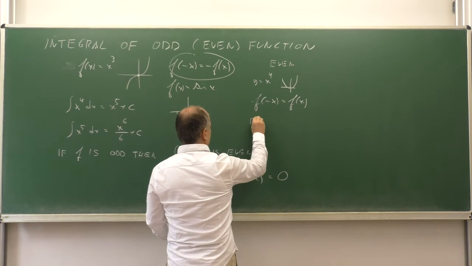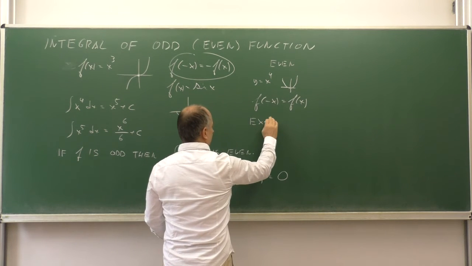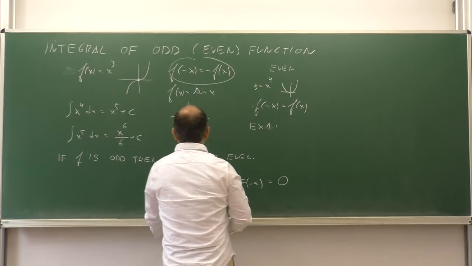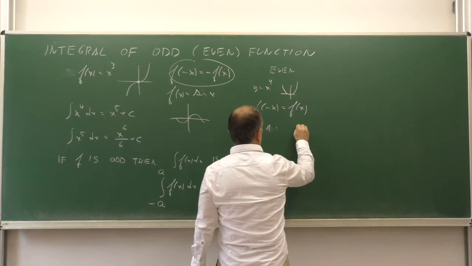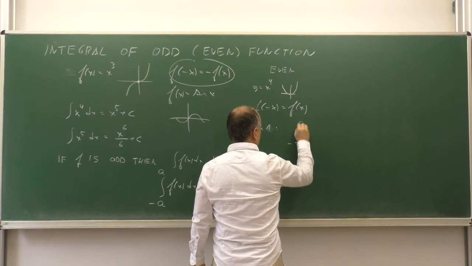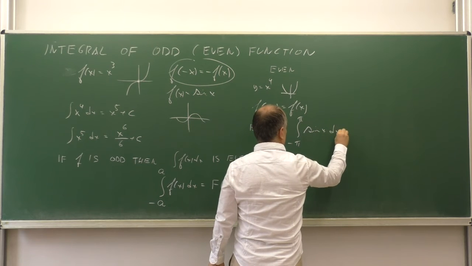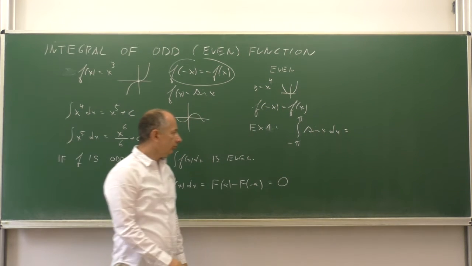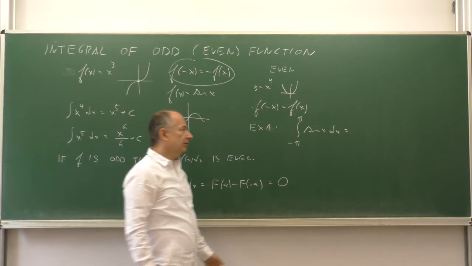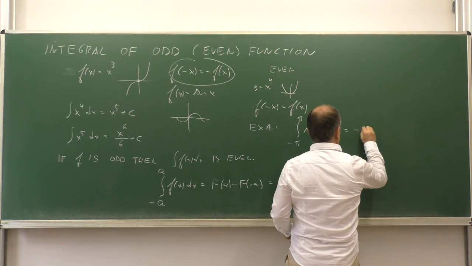So the easy example: consider, say, sine, for example, an integral from minus pi to pi. Then the antiderivative for sine is minus cosine.